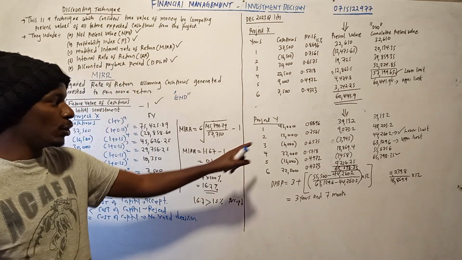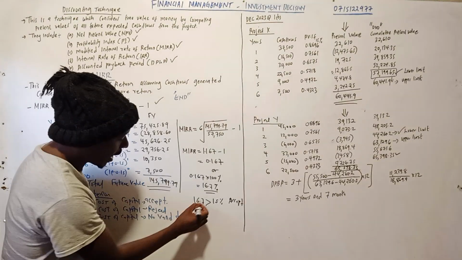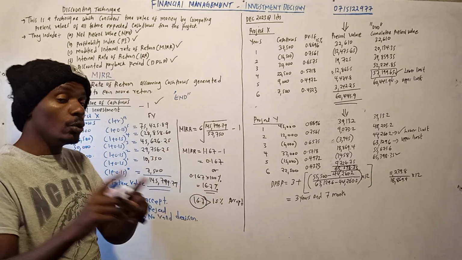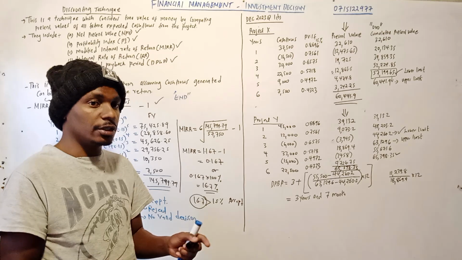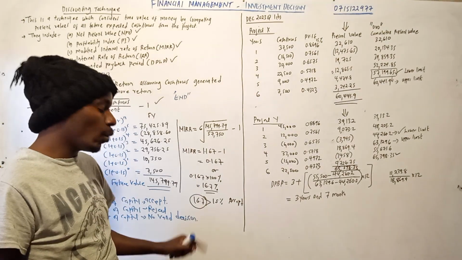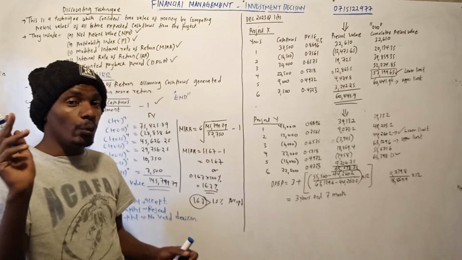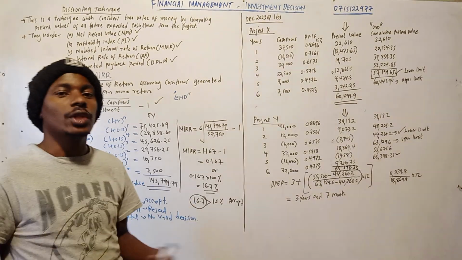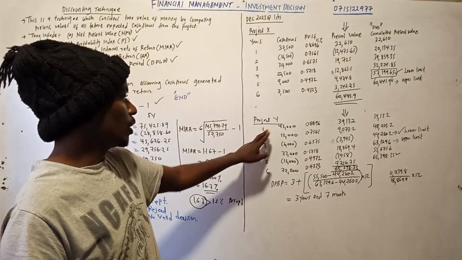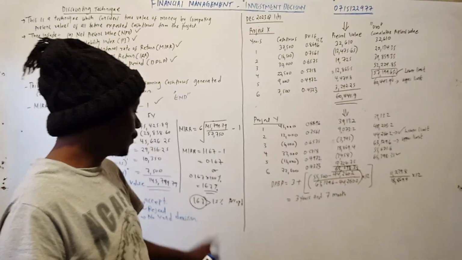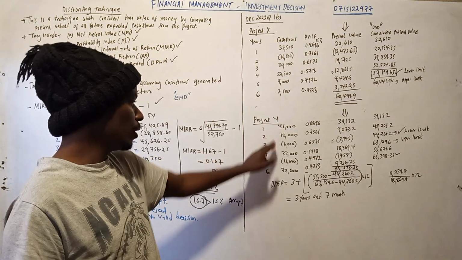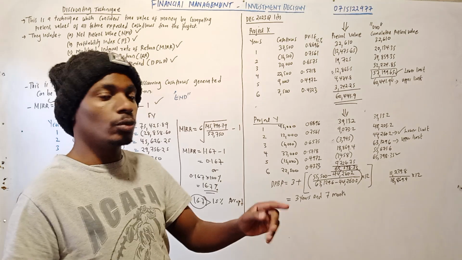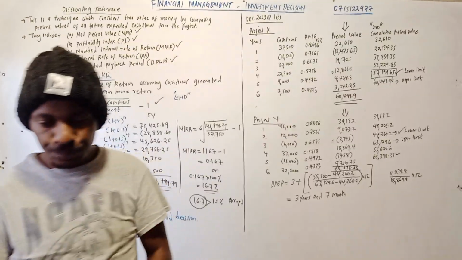But make sure you do project Y and see what yours is. If it is bigger than that of project X, then you accept project Y. But if your project Y MIRR is less than 16%, we reject, and then we accept project X. So that depends on the value of project Y. So make sure you do project Y, then you compare. If this one is greater than the 16.7, then the most appropriate project to undertake will be project Y.